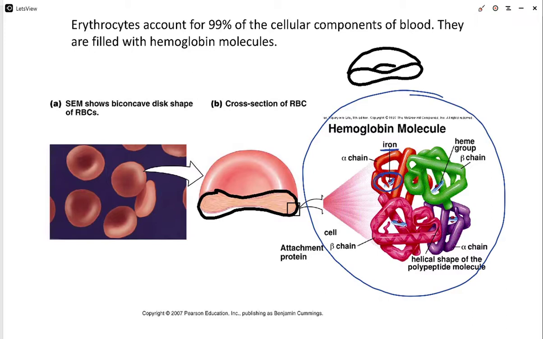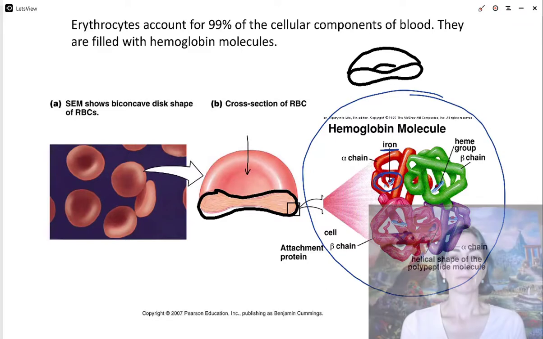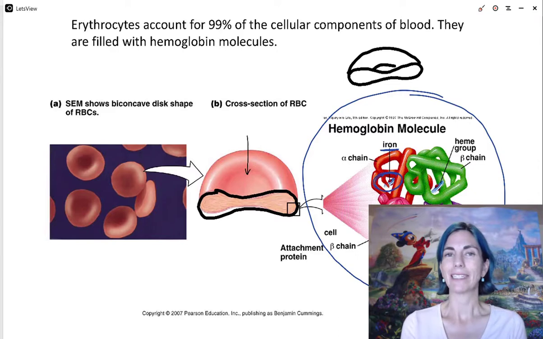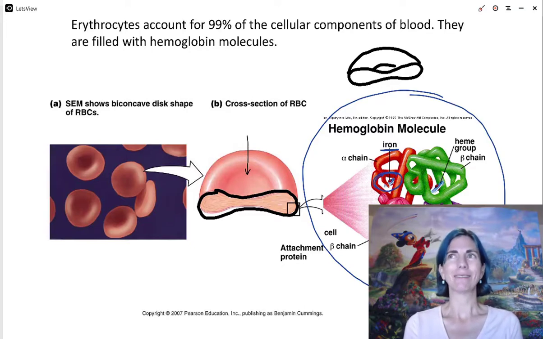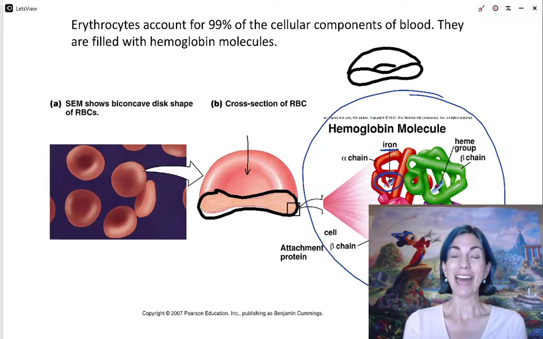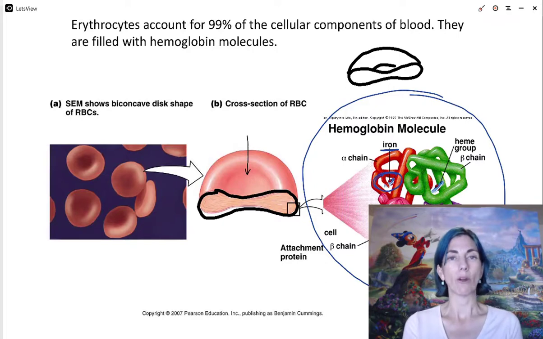Also missing from this picture, do you guys notice there is no nucleus? It should be in the center there, right? And it's gone. So there's no nucleus, and there are some other organelles that are missing as well, including mitochondria. So we have a red blood cell that is missing some of its most important stuff, which is kind of fascinating. But it's a sacrifice the body is willing to make in order to optimize a red blood cell for its function.